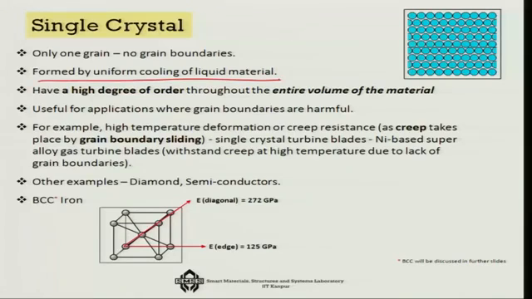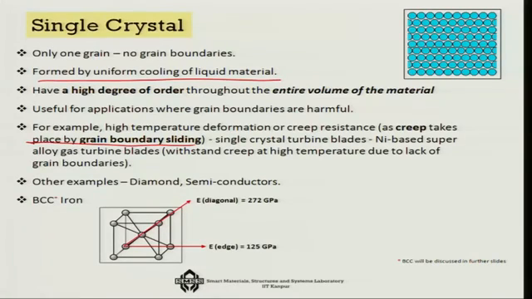The other one is in the aircraft industry. For example, I told you that creep is a very crucial mechanical problem for turbine blades, which operate at a very high temperature along with a high stress level. So, creep is a very critical problem in such cases. Now, creep takes place by grain boundary sliding.